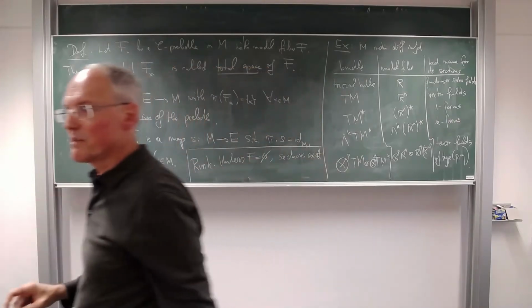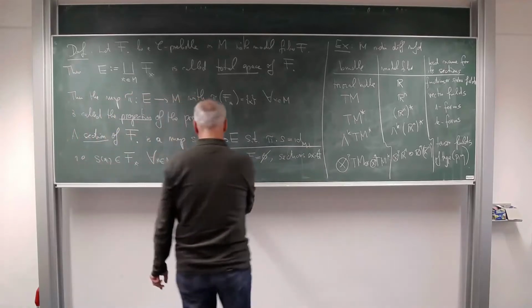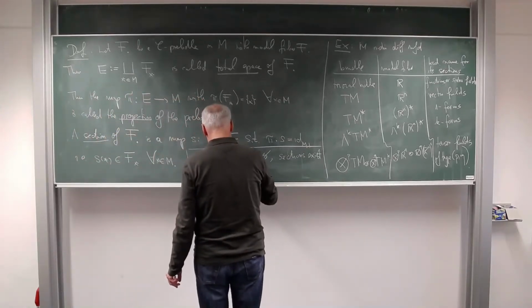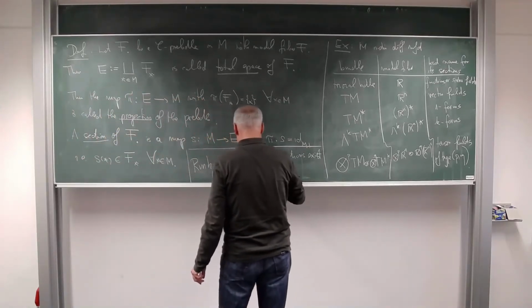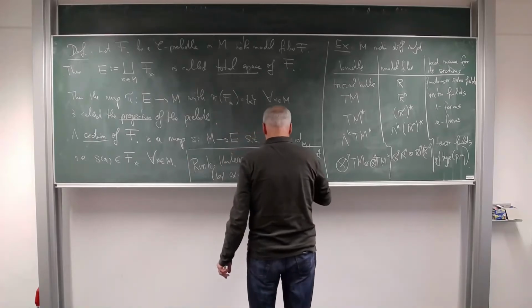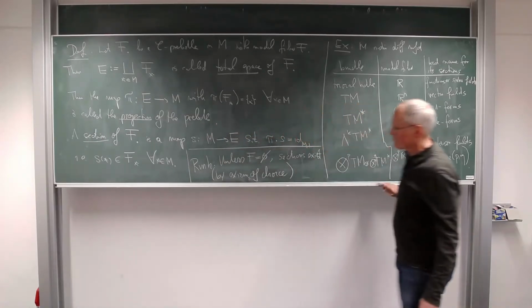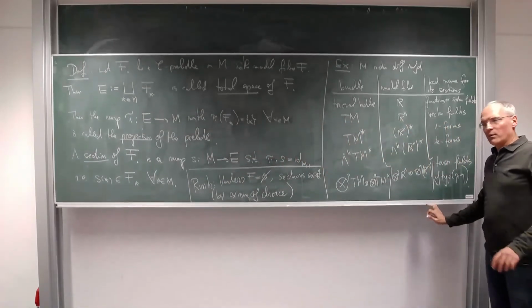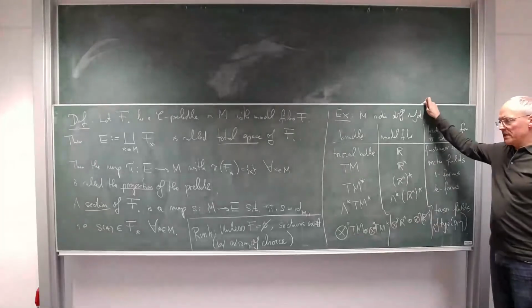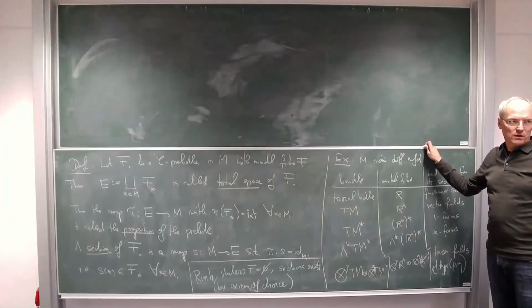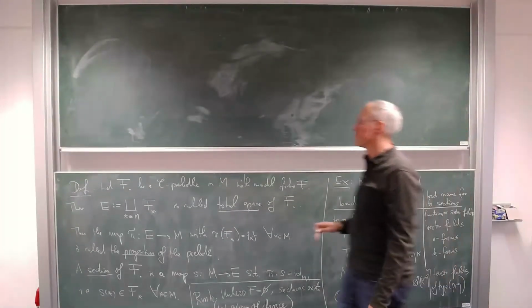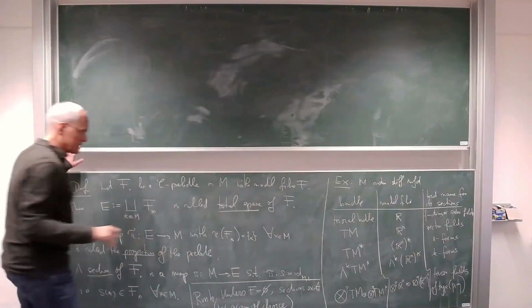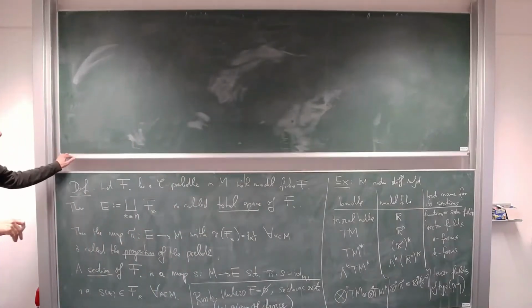Now you have to say something: by the axiom of choice. And later when we talk about smooth and continuous sections, this will in general no longer be true. It will be true for vector bundles, but not for principal bundles. All right.